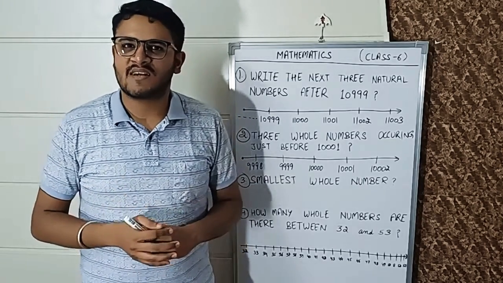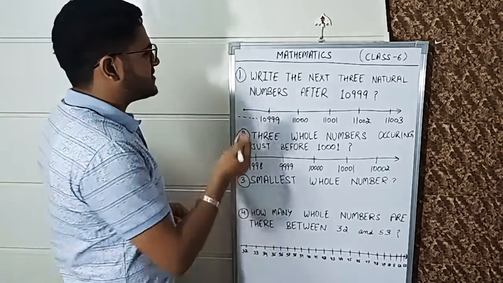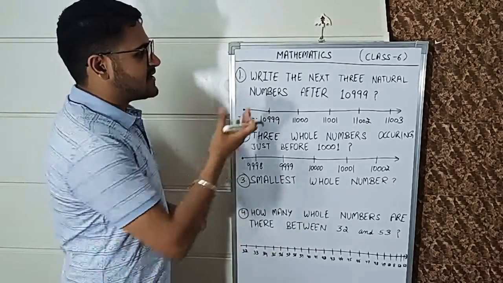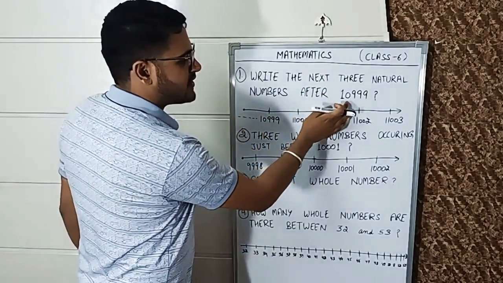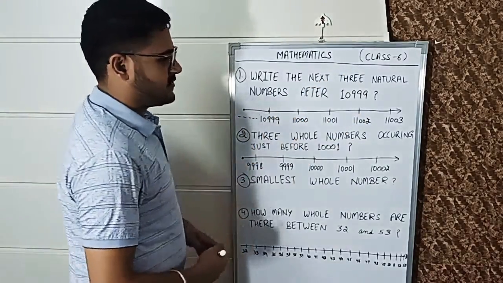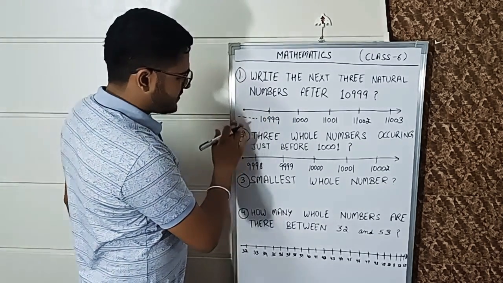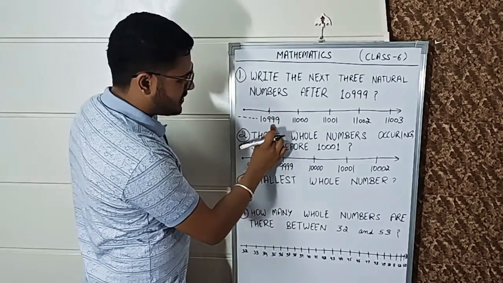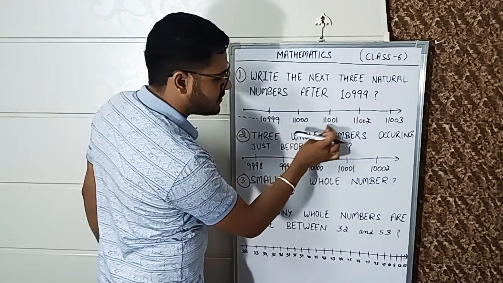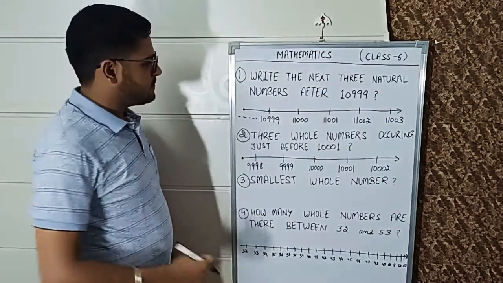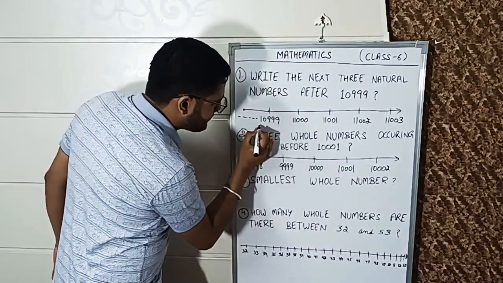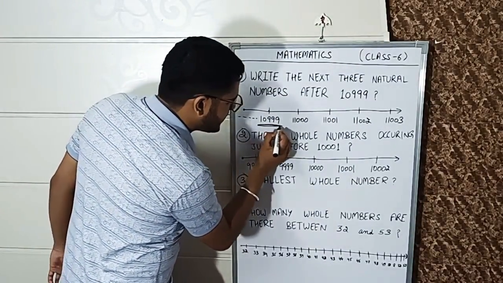So now let's start with some of the examples. First example: write the next three natural numbers after 10,999. What we will do is draw the number line which will have 10,999 and some numbers. Our number is 10,999.